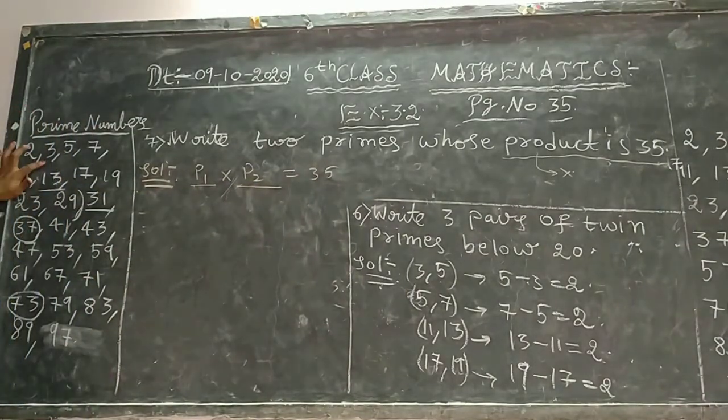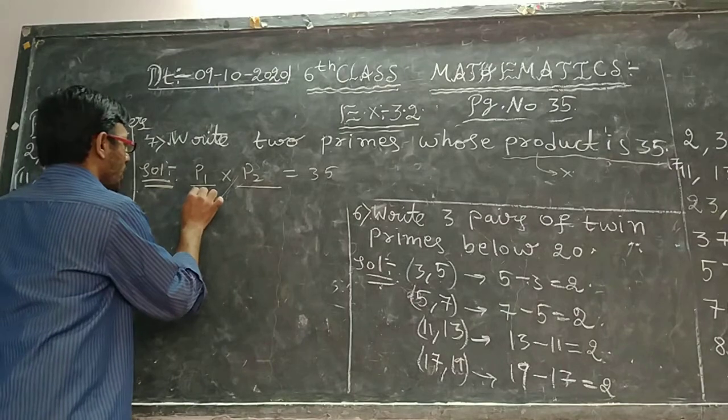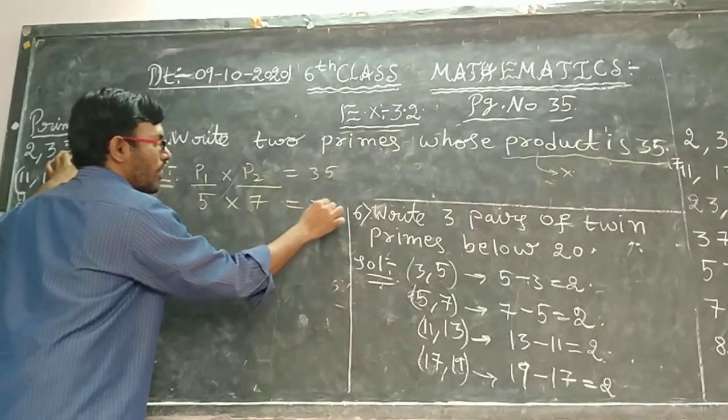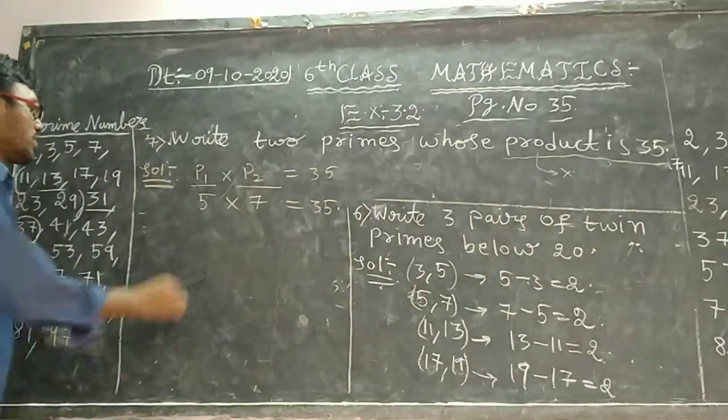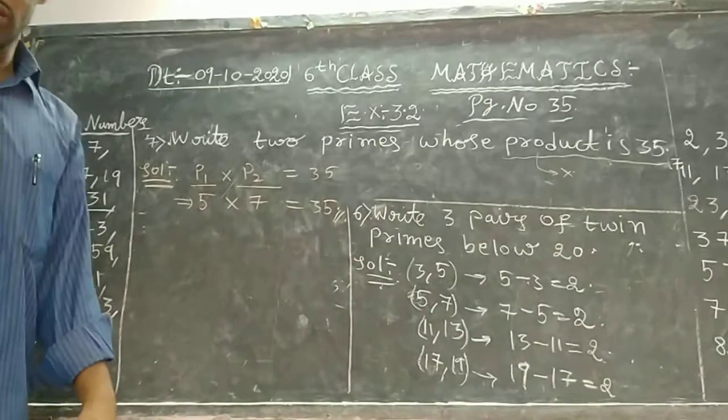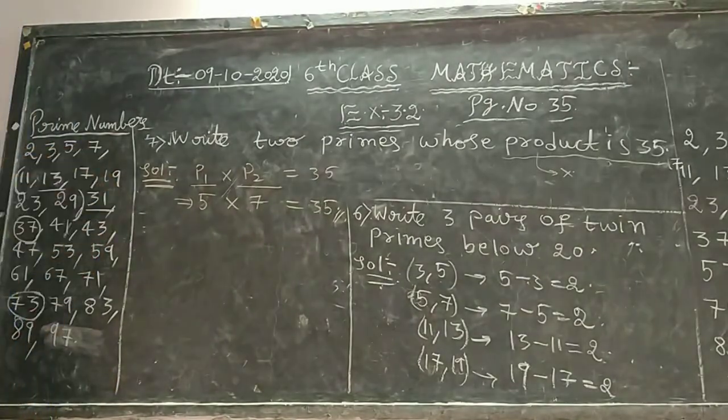See children, 2 into 3 is 6, 3 into 5 is 15, 5 into 7 is 35. So what are P1 and P2? 5 into 7 is equal to 35. Okay, so this is the answer. Children, like this you are supposed to do. This is the end of the 7th one.